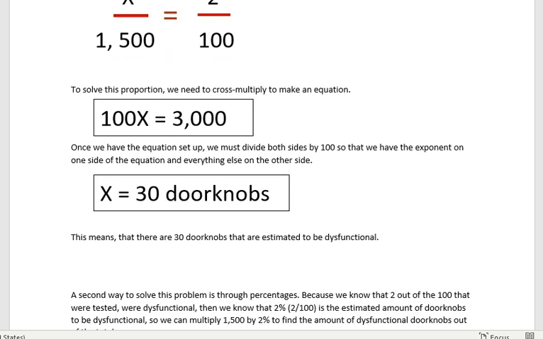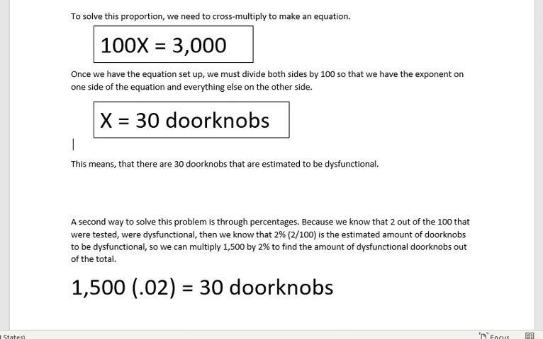What's another way we could solve this problem? Well, a second way to solve this problem is through percentages. Because we know that 2 of the 100 doorknobs that were sampled and tested were dysfunctional, we then know that 2% or 2 over 100 doorknobs are the estimated amount of doorknobs to be dysfunctional.